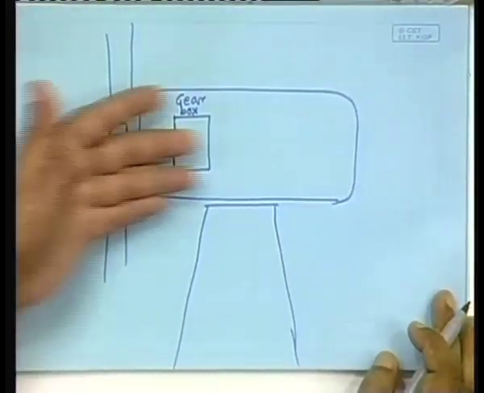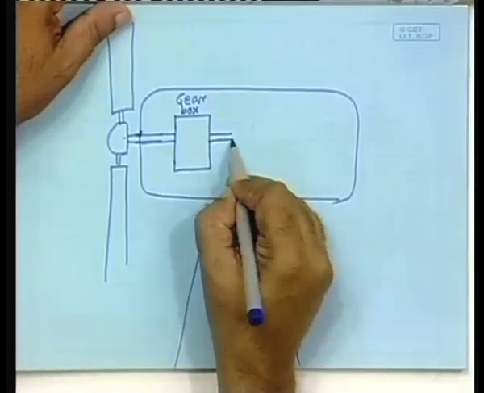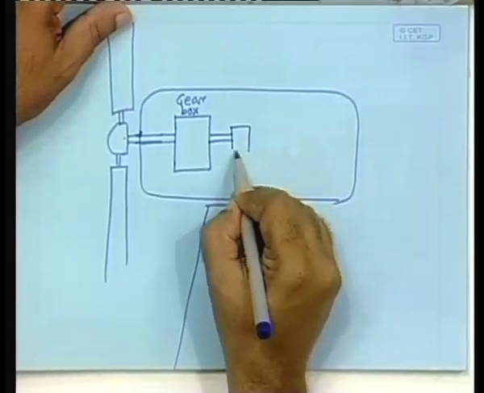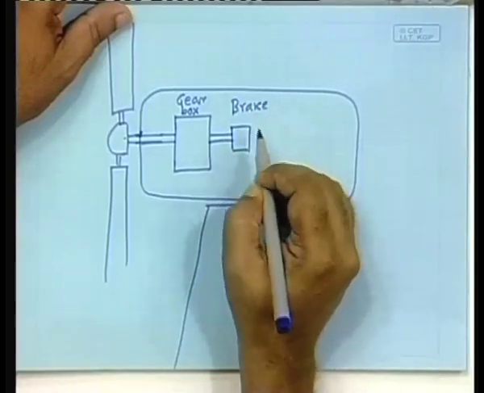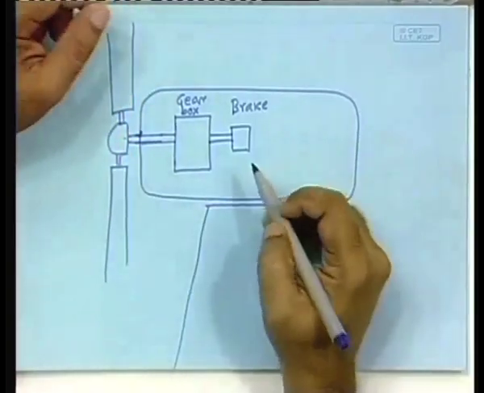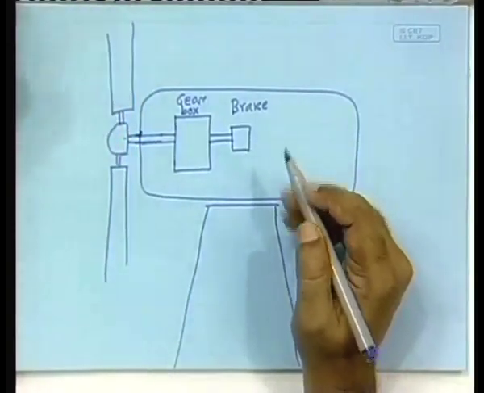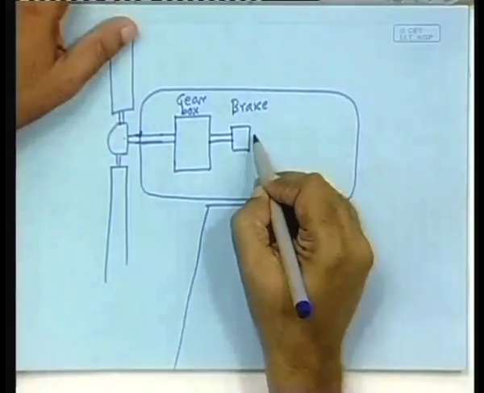Power is transmitted through the gearbox to the generator. So, after the gearbox, you have the braking mechanism, because at very high speeds, very high wind speeds, storms and stuff like that, you need to brake it. You cannot allow the wind turbine to rotate, because then it will obviously fail.